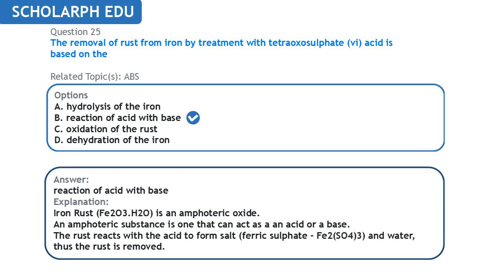With an acid it will act as a base, with a base it will act as an acid. So reacting the iron rust, the amphoteric oxide, with the sulfuric acid, we are going to have an acid-base reaction. The iron rust is acting as a base, and you have the acid. So it's the reaction of an acid with a base.